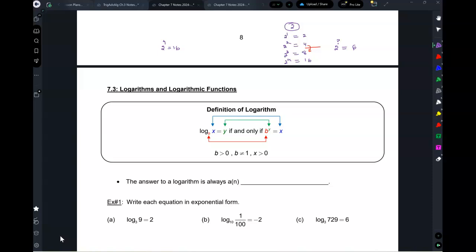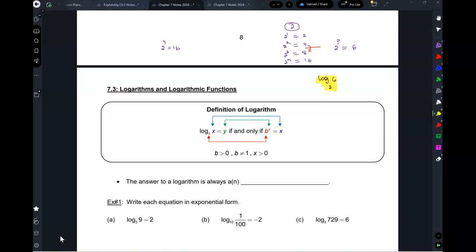Another way I can write it is the following: log base 2 of 6. So if I was walking down the street and I saw a billboard, and all it said was log base 2 of 6, I would say, oh my God, somebody is looking for the exponent of 2 to get a 6.